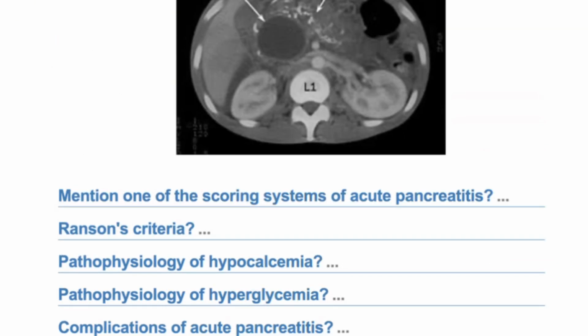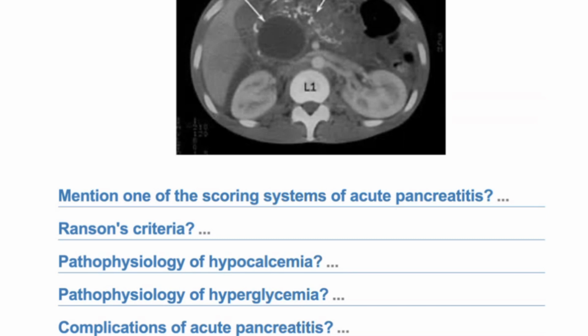What scoring system is used in acute pancreatitis? So the scoring system for acute pancreatitis is the Glasgow-Imrie scoring system. This is normally done on admission for patients. It's based on PaO2, calcium level, eGFR for the patient, albumin, and glucose. A score of over 3 is associated with severe pancreatitis.